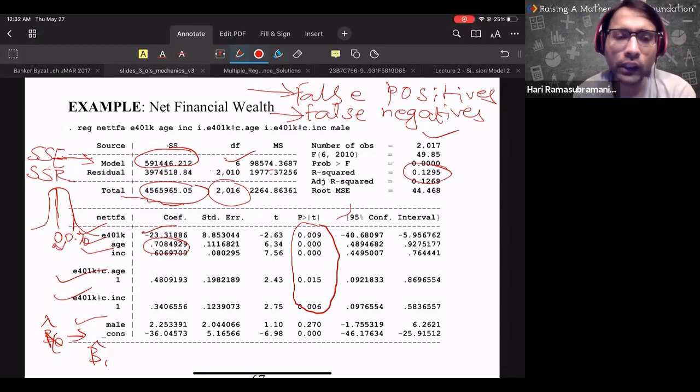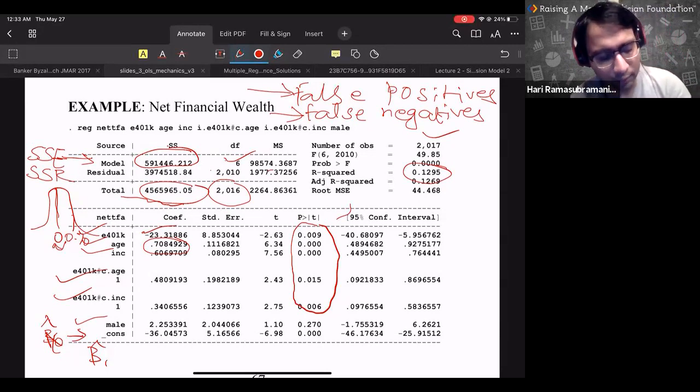Note that when I use the word equal to 0, I am not using it in a mathematical sense. Obviously 0.70 is not equal to 0. The question is whether 0.70 is enough to conclude that the beta coefficient is actually not 0.